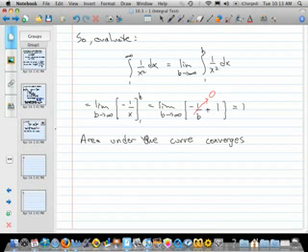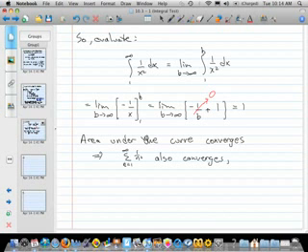And that means that the sum from n equals 1 to infinity of 1 over n squared also converges. Note that we don't know the value of that series, but we know that it attains a value.